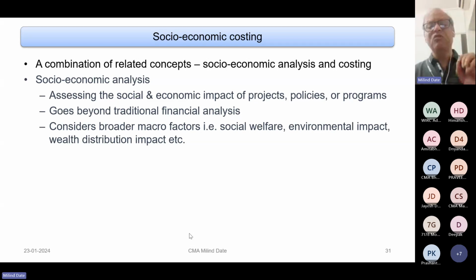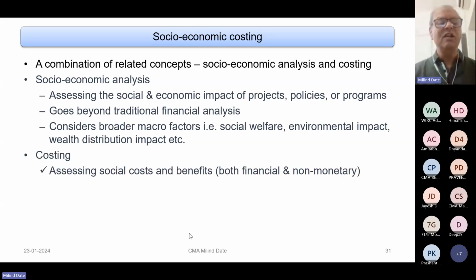So far as the reference to costing is concerned, it's nothing but assessing all the social costs and benefits, both financial as well as non-monetary. It's a huge field, and it's very difficult to set an MCQ type question on this as well as the last one, and therefore I have not included deliberately any questions on that.